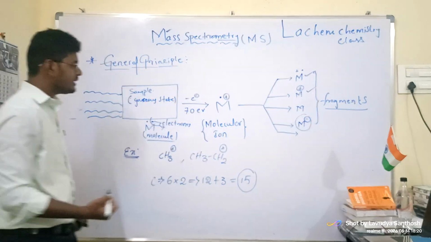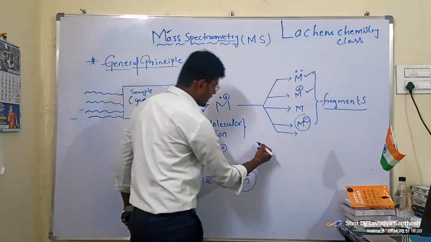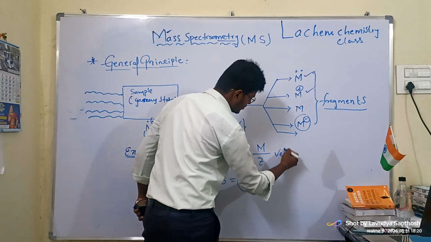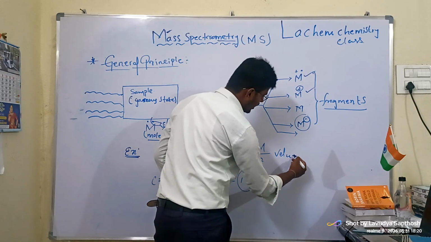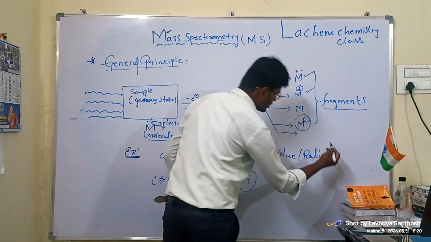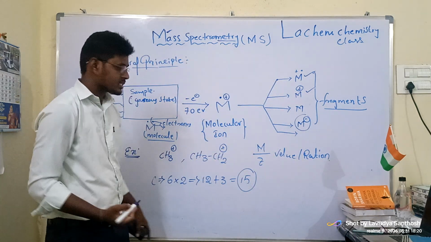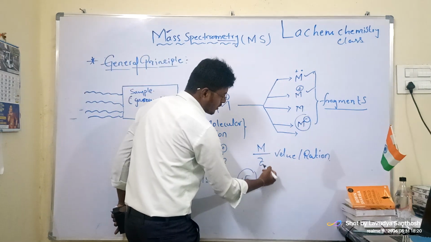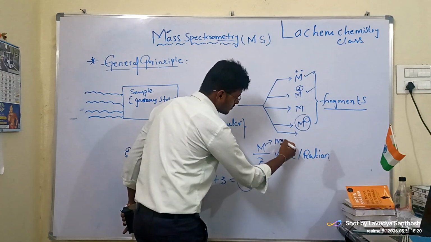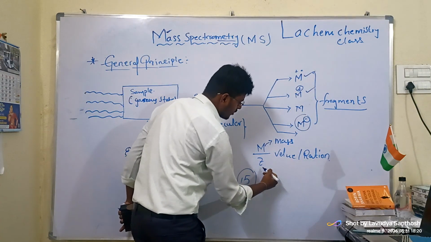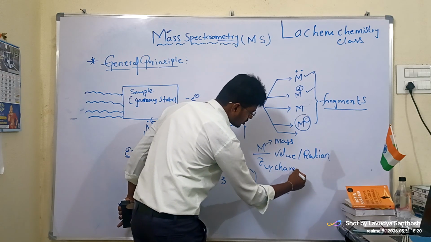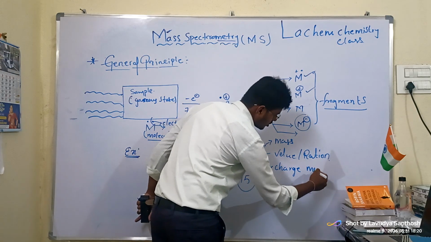Now what is the m by z value? M by z is the ratio, where m is mass and z is charge: the mass of the molecule and the charge of the molecule.